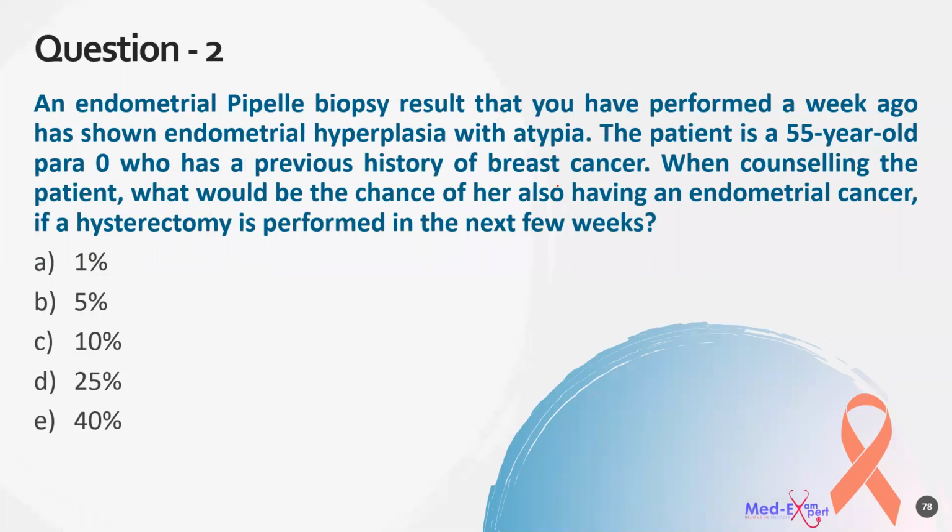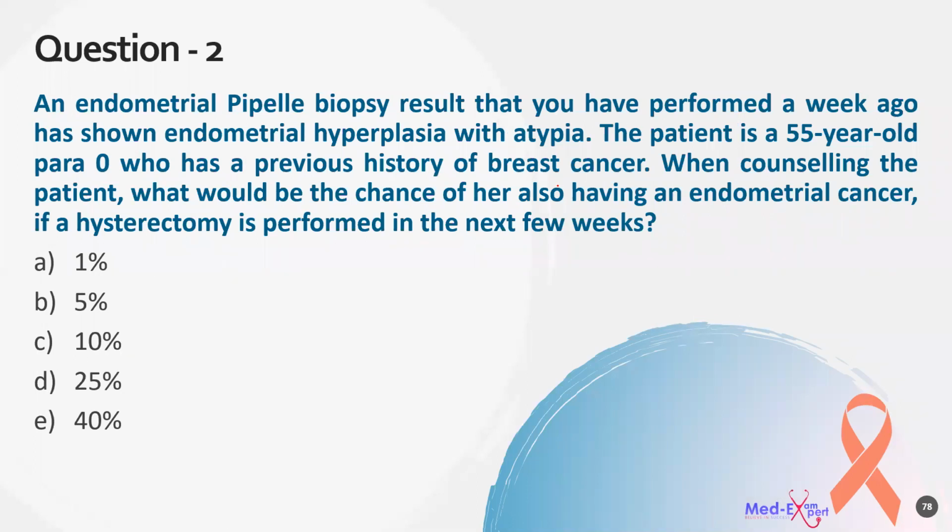An endometrial pipelle biopsy result that you performed a week ago has shown endometrial hyperplasia with atypia. The patient is 55 years old, para 0, who has a previous history of breast cancer. When counseling the patient, what would be the chance of her also having a concomitant endometrial cancer if a hysterectomy is performed in the next few weeks?